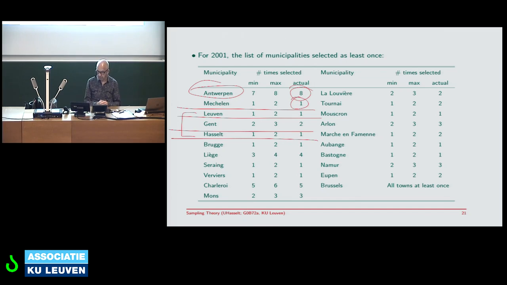Diepenbeek is not in the list, which means it's a regular town with selection probability between 0 and 1, so it's selected or it's not selected. Whereas the towns in these lists cannot be unselected. They're all selected. All towns in Brussels are selected at least once. There are 19 towns, but because Brussels gets such a large sample size relative to its population size, any one of the towns is selected, etc.